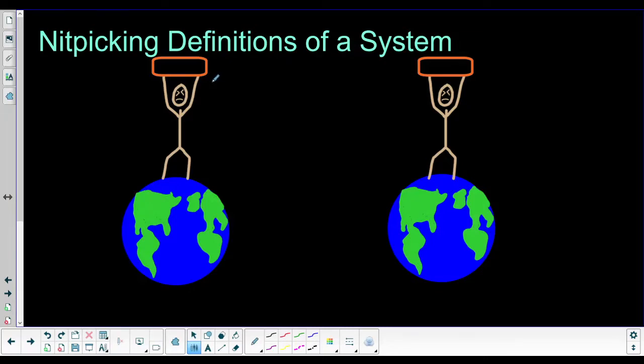Sometimes no. And you're going to say, what do you mean sometimes no? Why are you telling me this if there's two different ways? How do I know? Here's how you know. It depends on how you define your system.